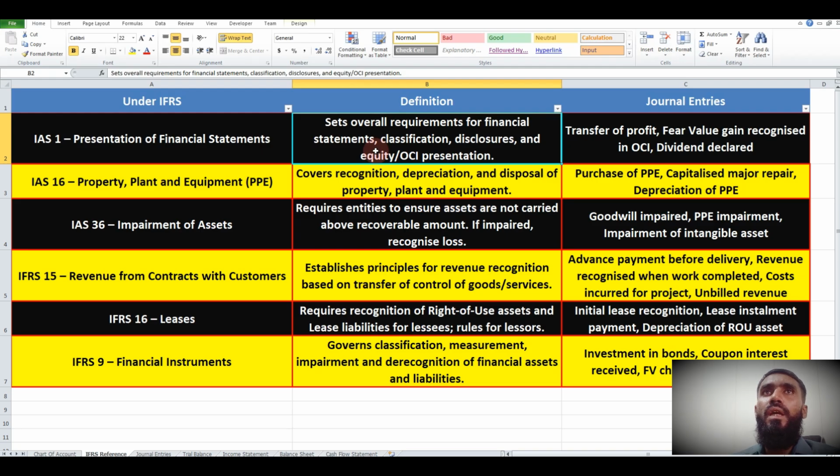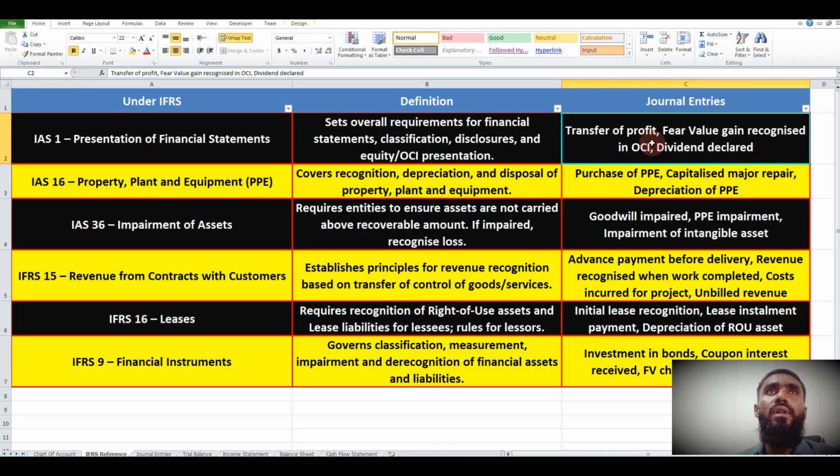Definition: sets overall requirements for financial statements, classifications, disclosure, and equity, other comprehensive income presentations.